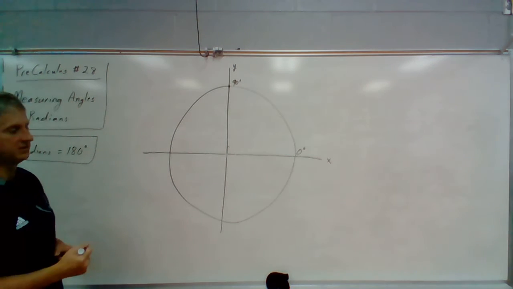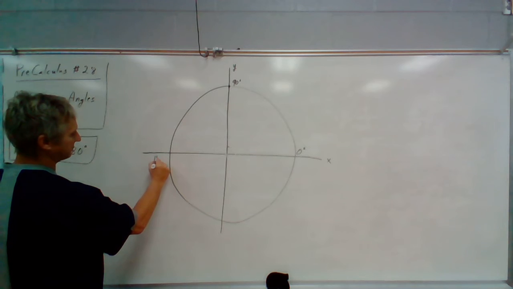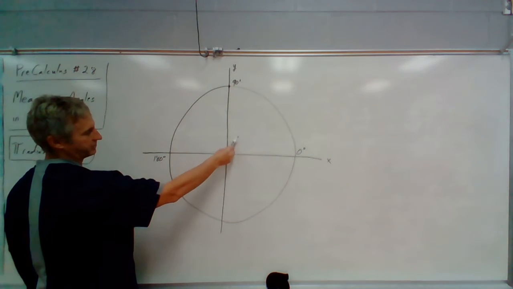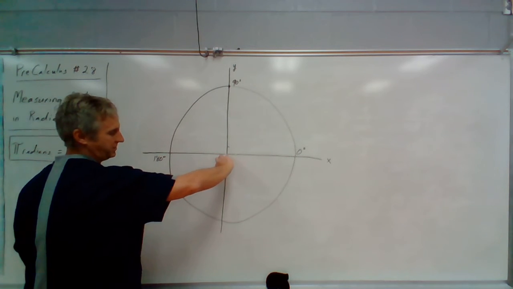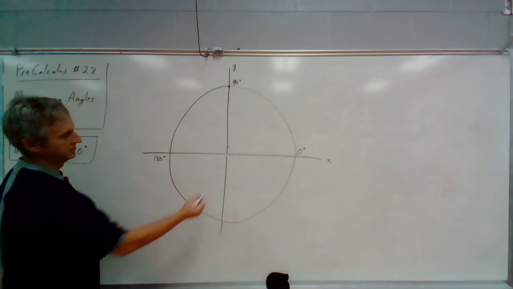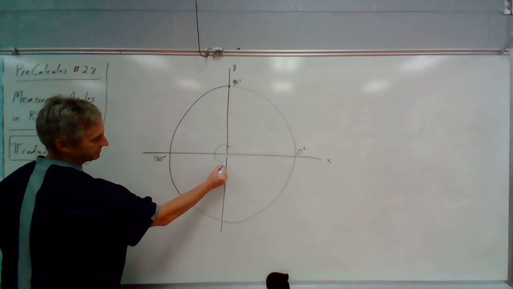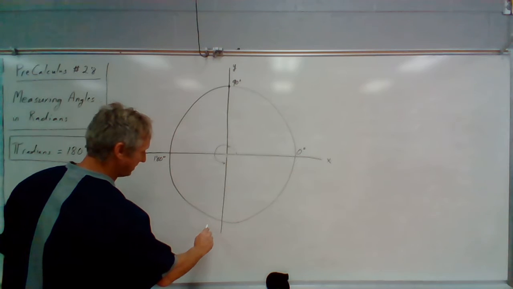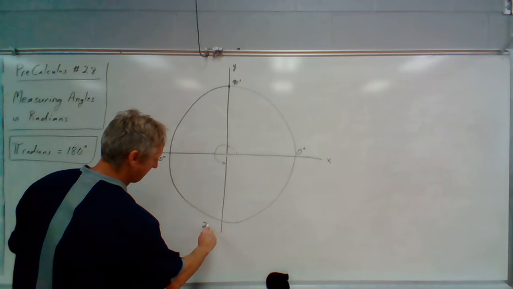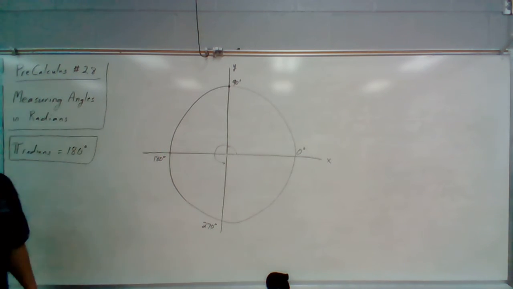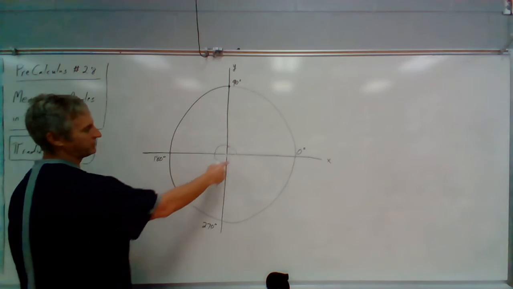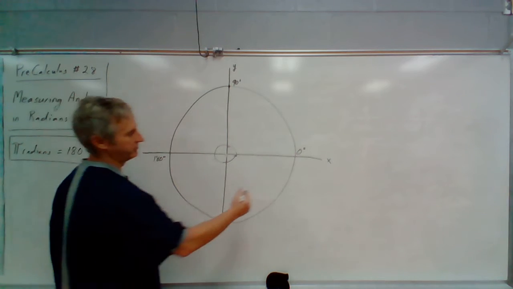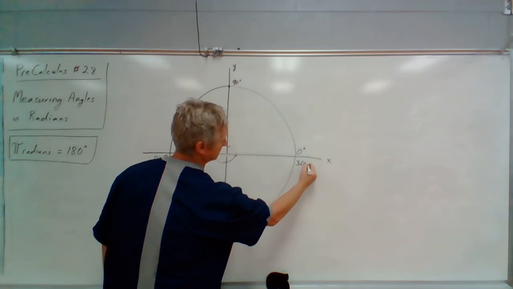Well, that would be 180 degrees. What if we start here and we rotate all the way around to here, pointing down? Well, that would be a 270 degree angle. What if we go all the way around the circle? That, of course, would be 360 degrees.